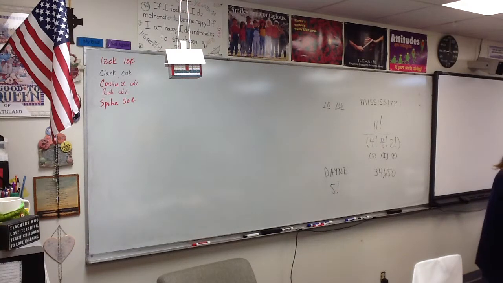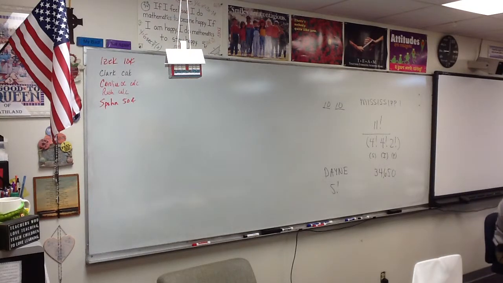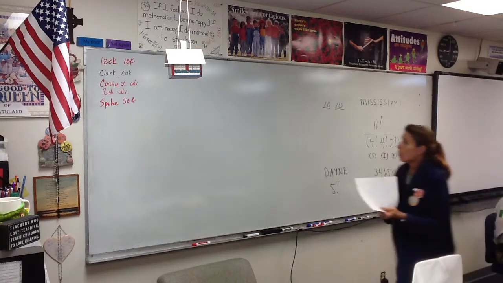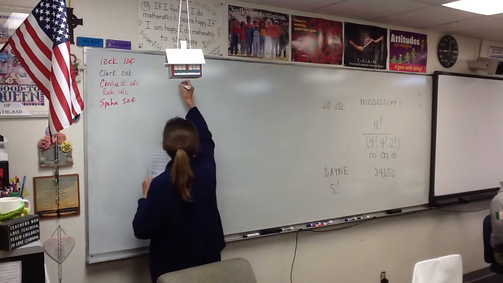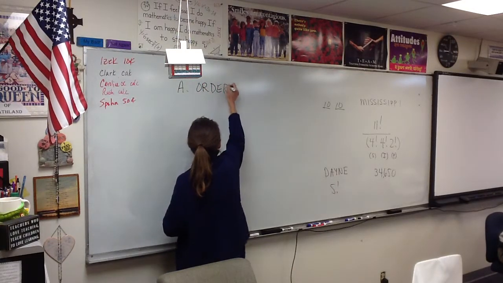Now look at problem B. Does it matter if I pick Abby first or Dane first? No, what matters is they both got picked, so they're like a committee. They don't have assigned jobs, president, vice president. They're just the group. In 26A, order matters.